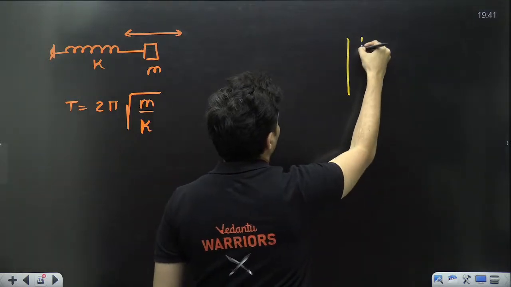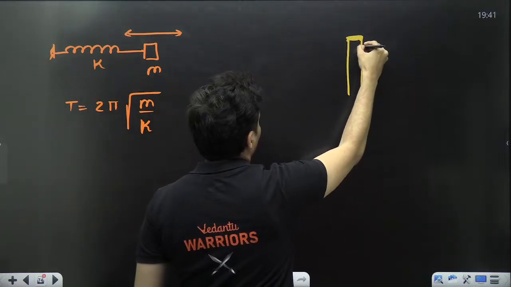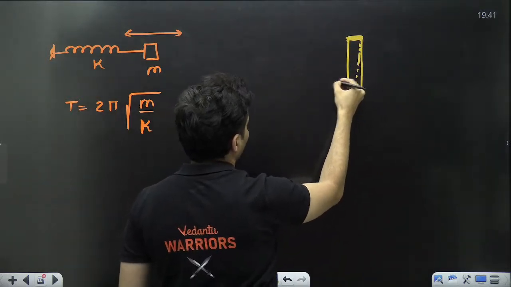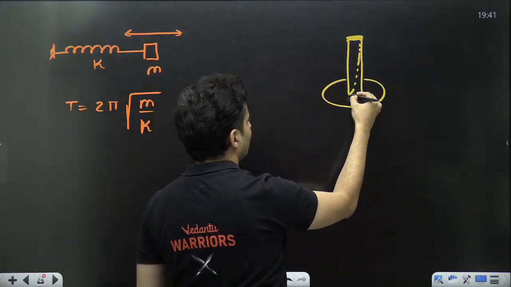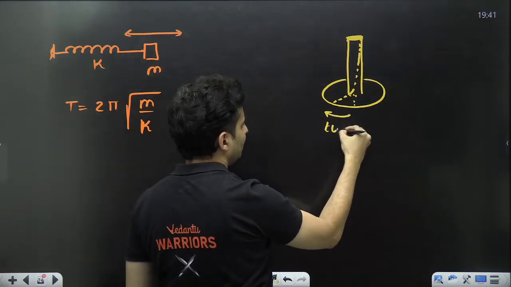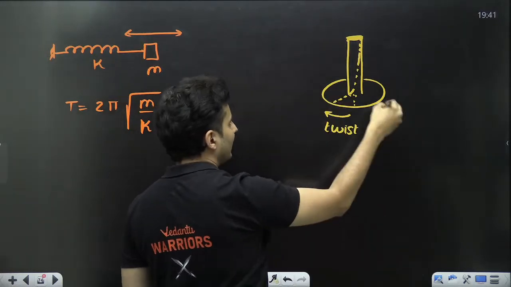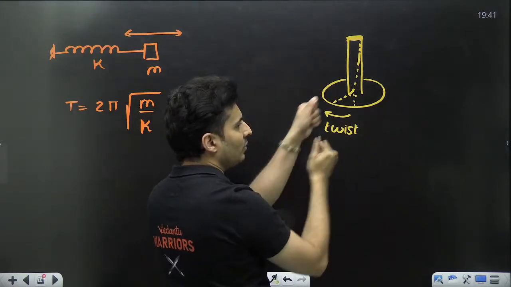It's a little bit difficult to make you think about it, but I'm trying my best. It's like you are twisting that rod. So whatever has been attached over here, that also has moved by some amount. You twist it, you will see that thing will also oscillate back and forth, back and forth.